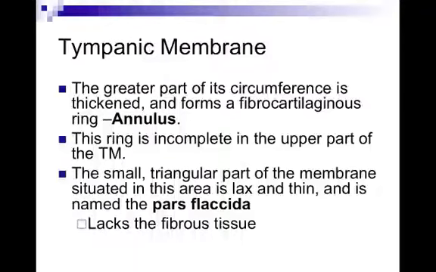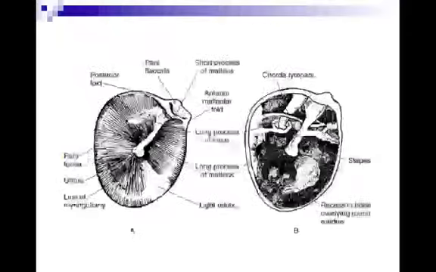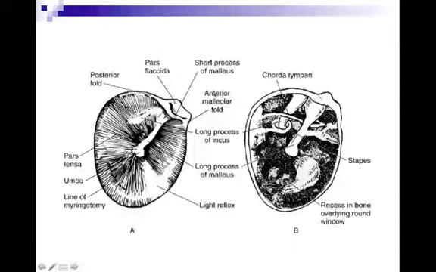But the remaining part of the tympanic membrane has, of course, the 3 layers, and it is known as the pars tensa because it has an elasticity, so it's tensed. Here's another image of the tympanic membrane showing the pars tensa with that fibrous tissue in it. And the top part is where the annulus is incomplete, and we call that the pars flaccida.